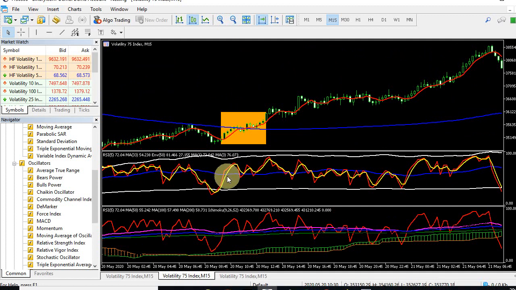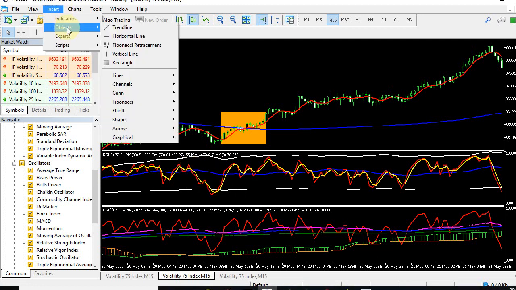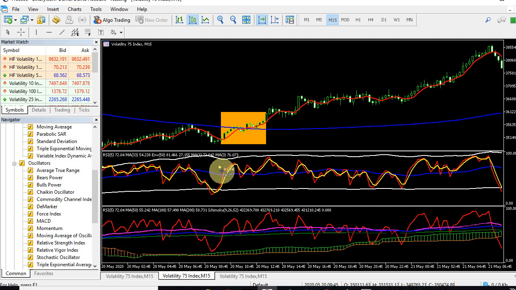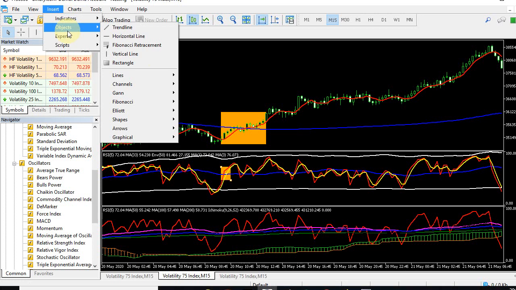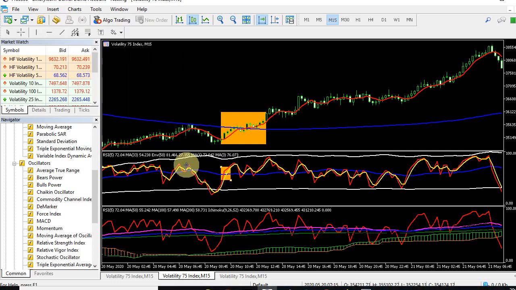When they both cross above the blue line, you buy, and when they cross down on the blue line, you sell. Like here you have a cross up here, look for buy opportunities, and here you have a cross down, look for sell opportunities.